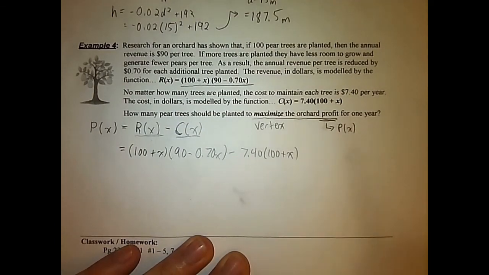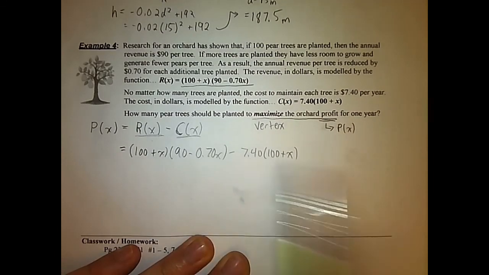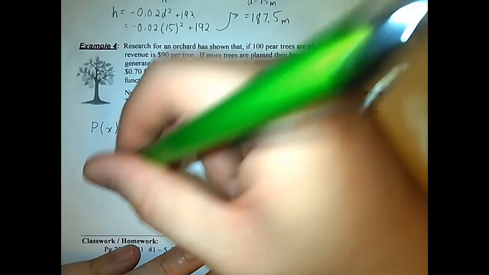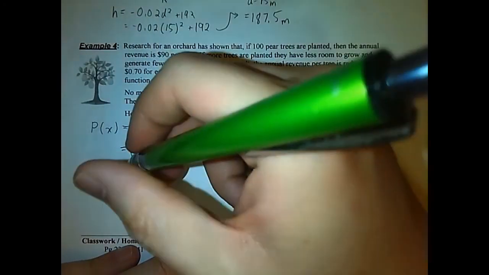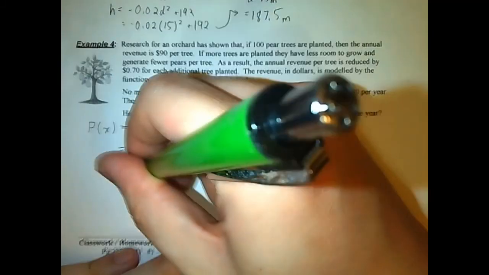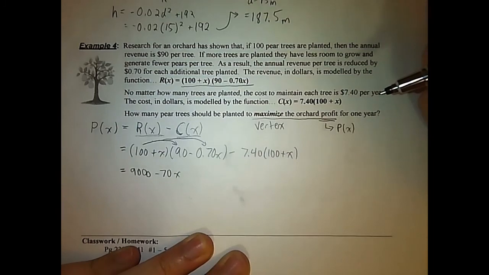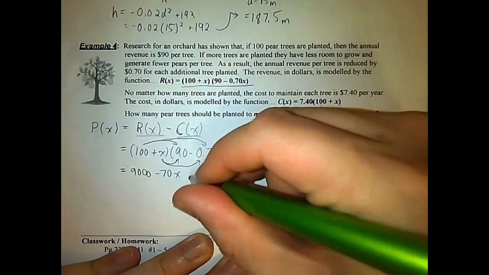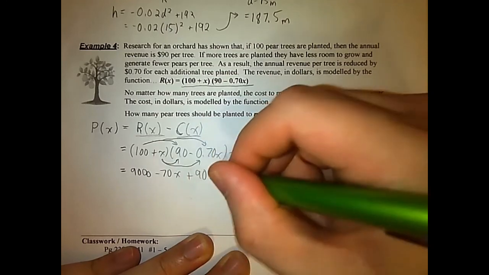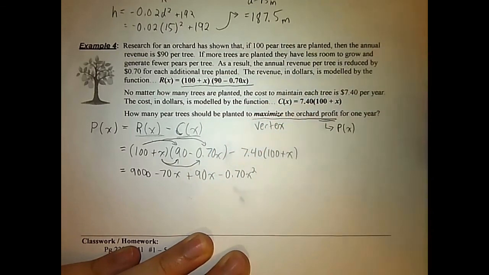So in order for us to do this, we're going to have to first expand this and then use the distributive property here. So doing this times this times this, I get 9,000 minus 70x, and then this times this times this, plus 90x minus 0.70x squared.